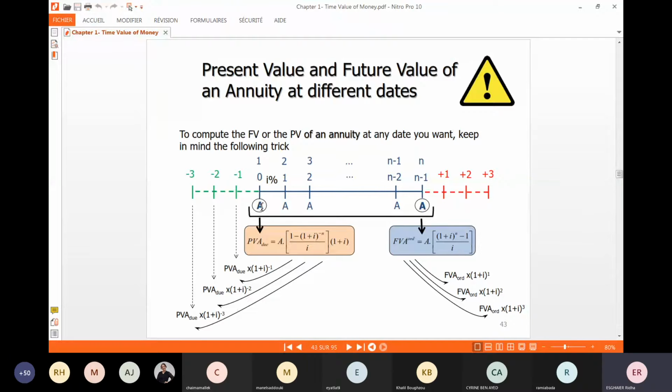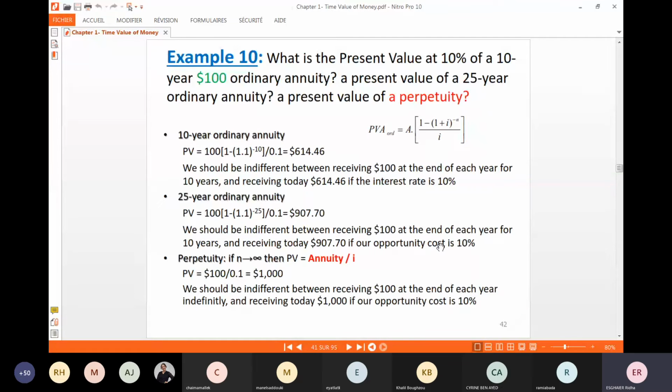What do we say? We said that according to what we did in the previous session, we know that at the date of the last deposit, all the A's are worth the future value of an ordinary annuity. Why? Because when we see here the timeline, we did it.